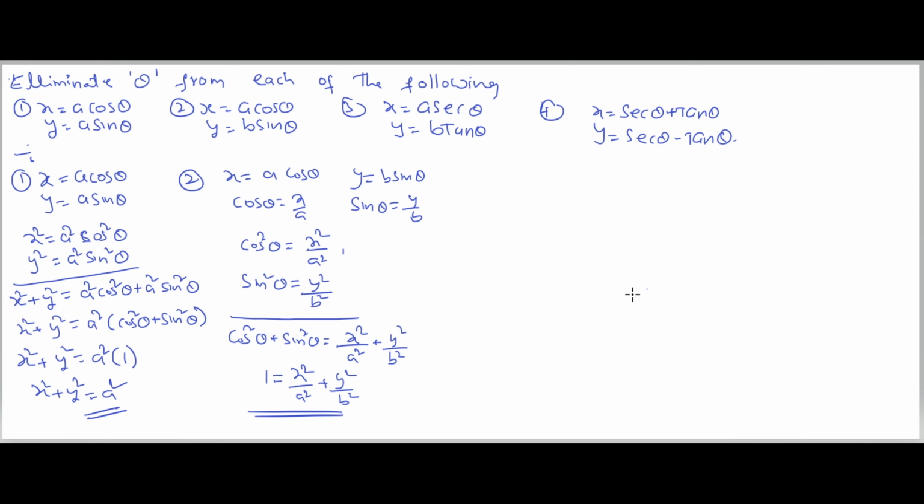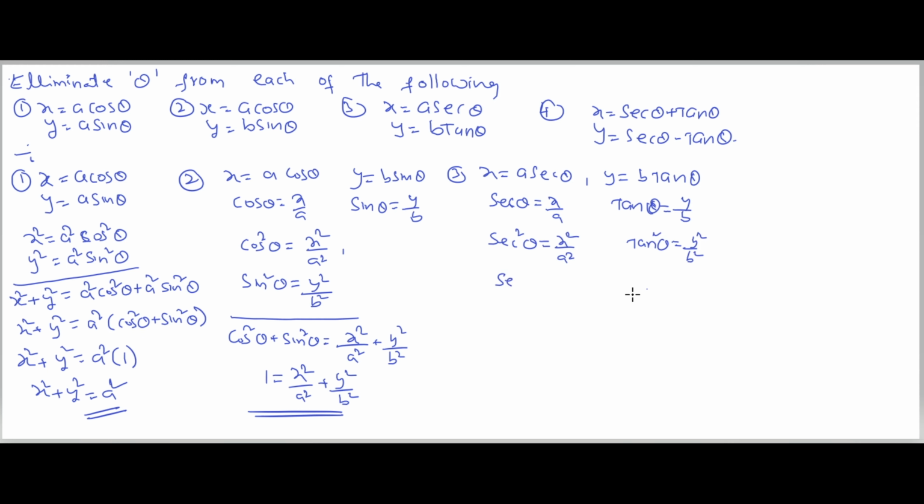This is the answer. Third one, x is equal to a secant theta and y is equal to b tan theta. From this equation secant theta is equal to x by a and tan theta is equal to y by b. So squaring, secant square theta is equal to x square by a square and tan square theta is equal to y square by b square.